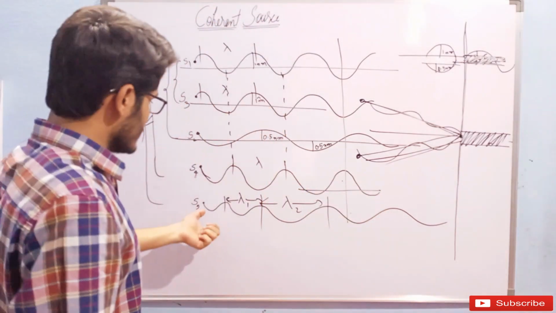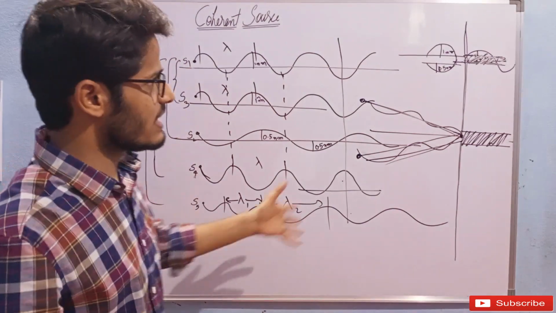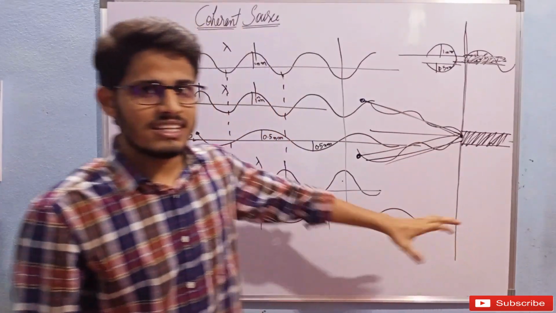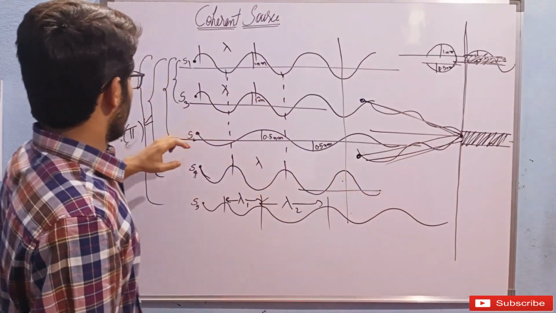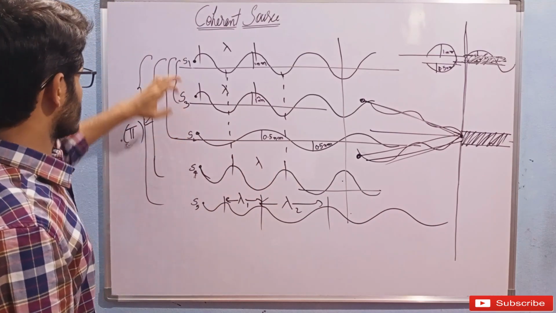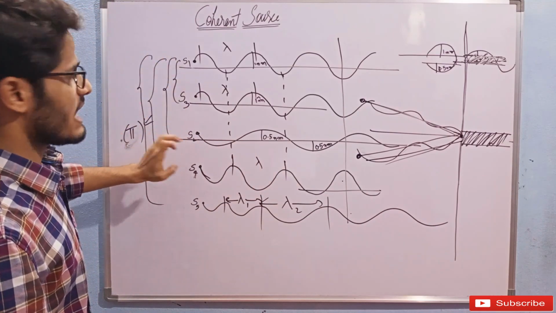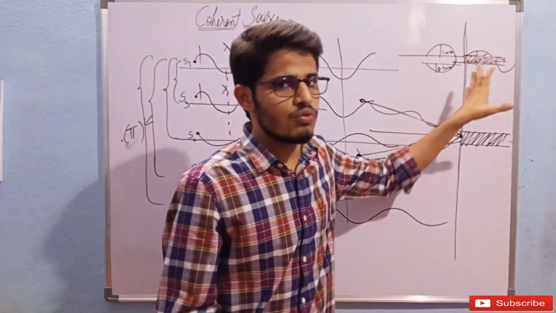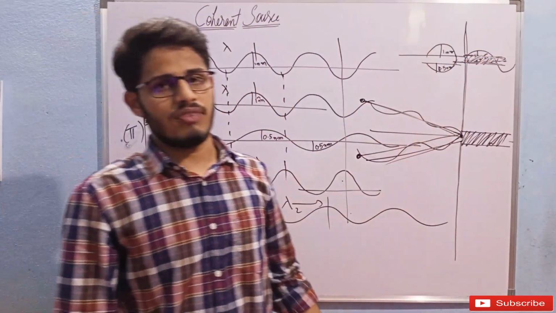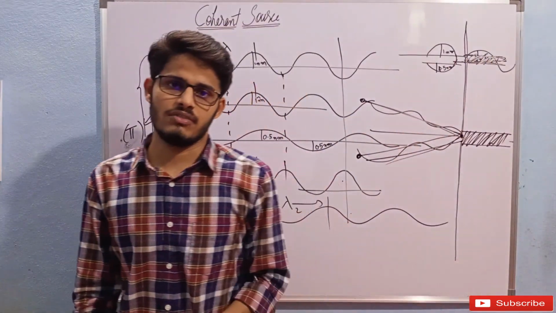If you take these two rays and try to get the interference pattern on the final screen, the same thing will happen which happened with S1 and S2. As I told you, you won't get any place on the final screen where you can have a destructive interference.